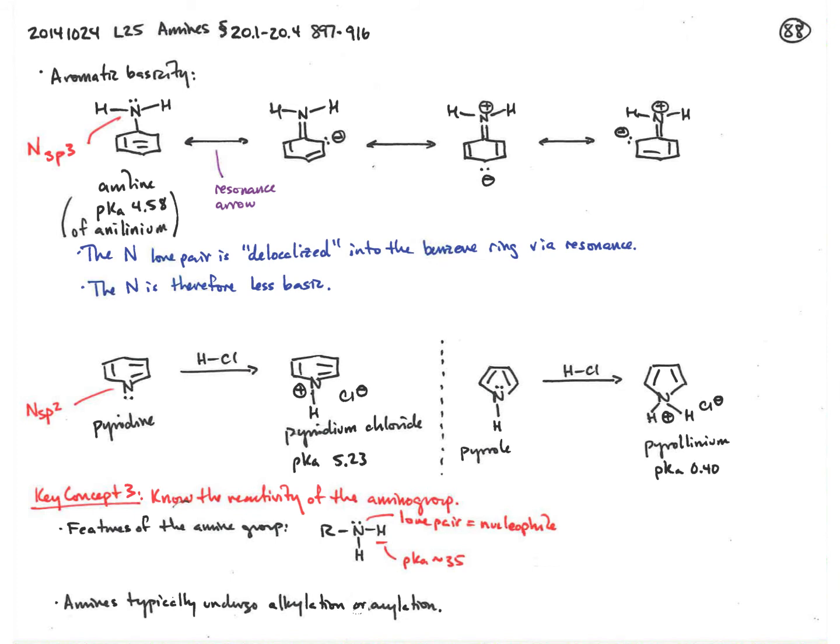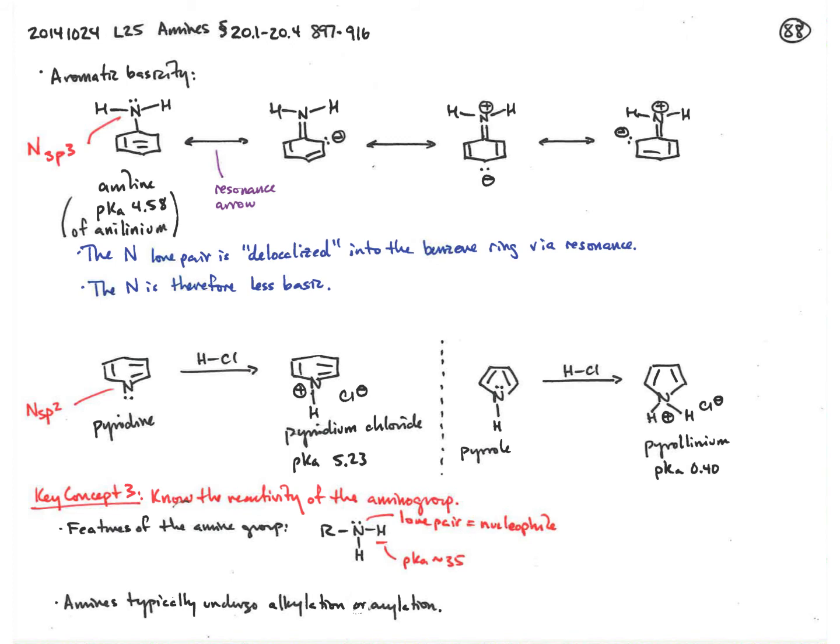Remember, basicity is defined as the ability of the lone pair to abstract the hydrogen, the proton. This nitrogen lone pair is not really available to abstract a hydrogen because it is delocalized into the ring as shown through this resonance here. So this lone pair gets delocalized.